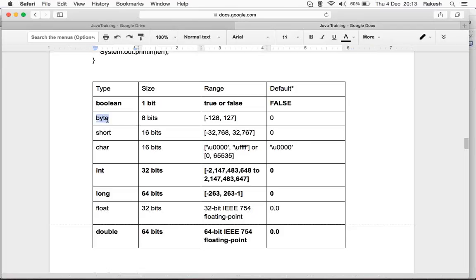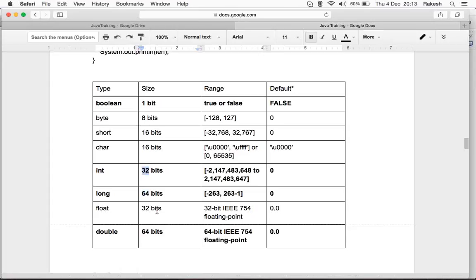A byte, a single byte, is 8 bits. Likewise, you have short, which is 16 bits, and char, which is 16 bits. Integer, which is a number, occupies 32 bits. Long, which is also an integer, accepts 64 bits, so it accepts more numbers compared to an integer.